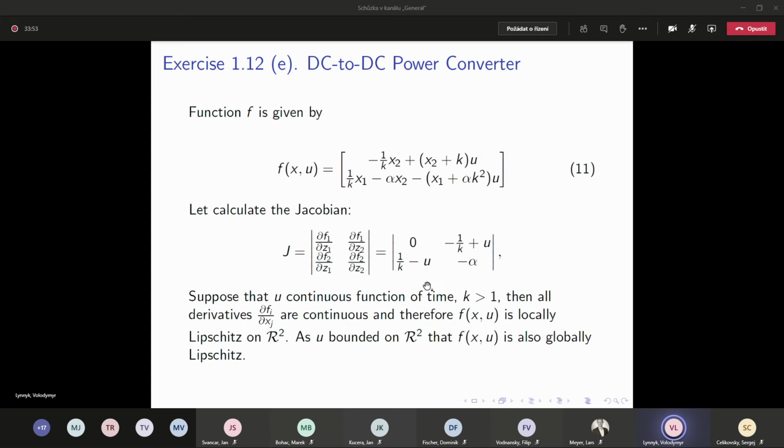Suppose that u is a continuous function of time and k is greater than 1, then all derivatives are continuous, and therefore f is locally Lipschitz on R2. As we know, u is bounded, and if u is bounded on R2, then f is globally Lipschitz.